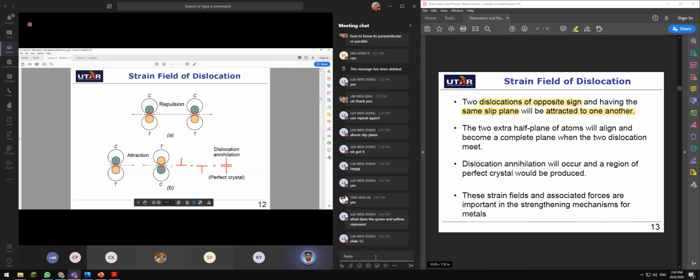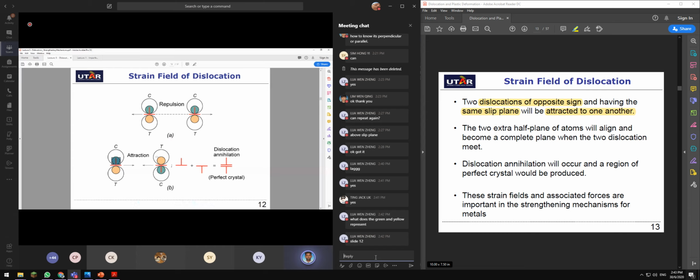The green represents compressive force around the plane. The yellow represents tensile force along the plane. Imagine this is compressive force and you have lots of atoms because of compression.